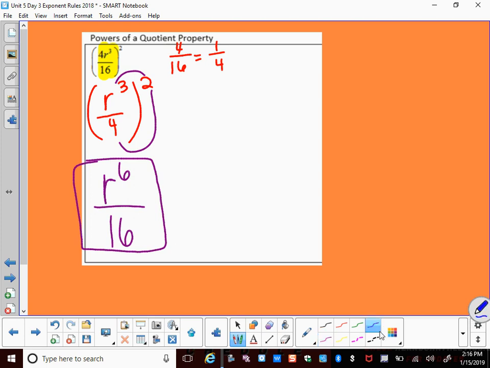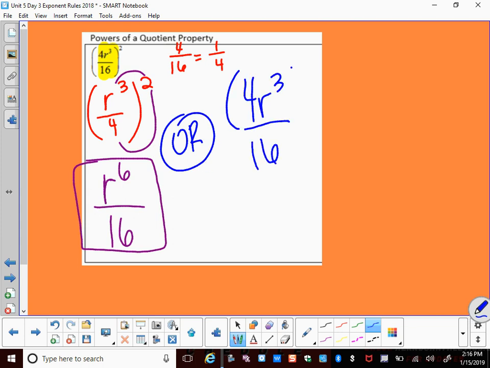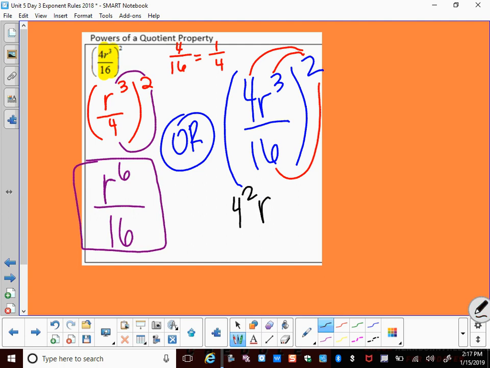The longer way of doing that, I will show you. If we have 4r cubed divided by 16, to the 2nd power, and you wanted to distribute this 2 to everything, it would go to the 4, the r, and the 16. You would get 4 squared times r to the 6th over 16 squared.